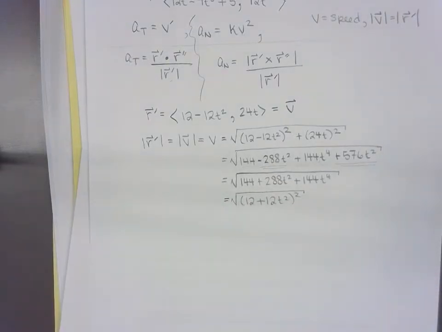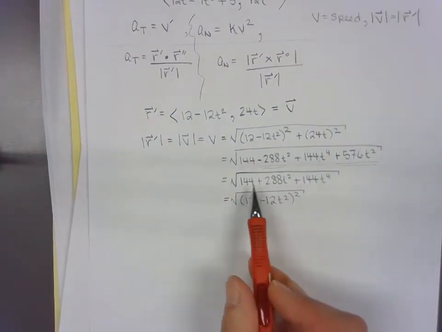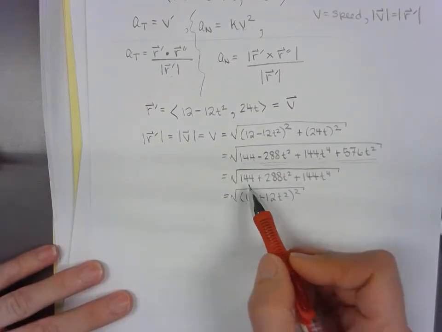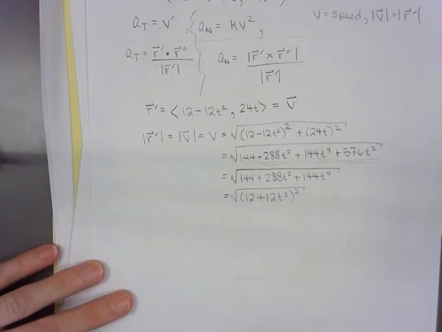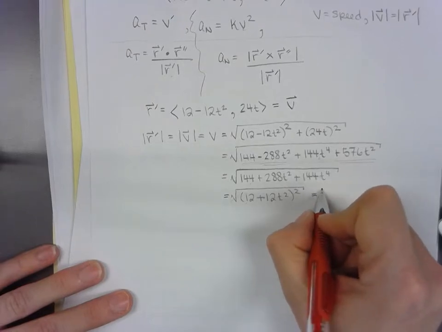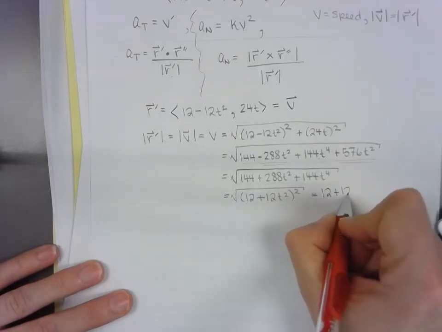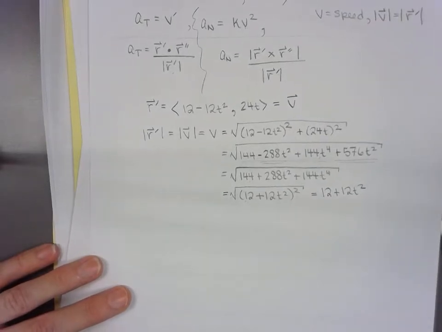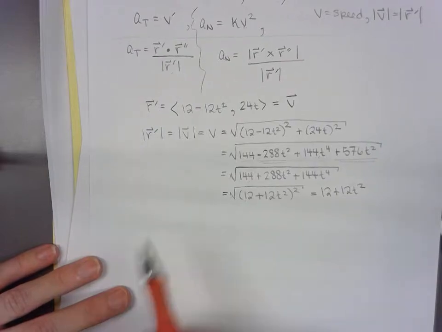If I did FOIL with this, I would get these three terms. And so the square root and the square cancel each other out, and we just get 12 plus 12t squared. Notice that's v.